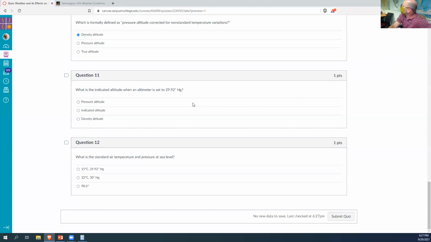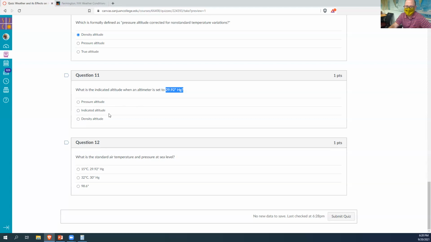Well, I think that's a little misleading, right? Well, it's a lot misleading, right? What is the indicated altitude? Or when an altimeter, and you would think, okay, that's indicated also, right? And then they throw in when it's set to 29.92. So, is it pressure? Is it indicated?